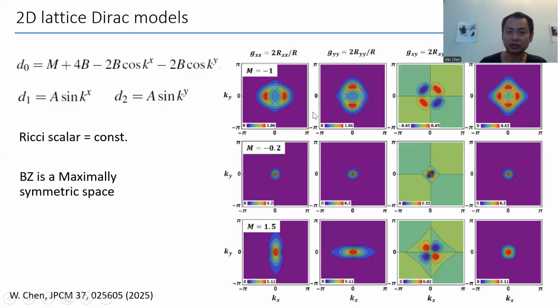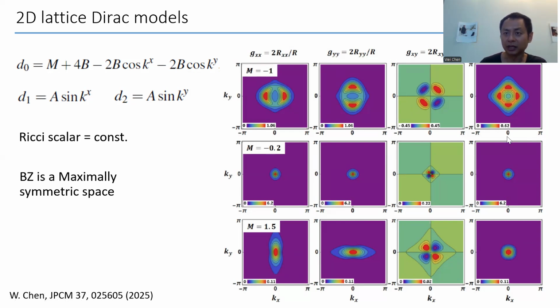So for instance, here I show you the metric at three different values of the mass term, which correspond to the topologically non-trivial phase, close to a critical point, and the topologically trivial phase. And in each one, I plot the metric along x, the metric along y, and the off-diagonal term of the metric.